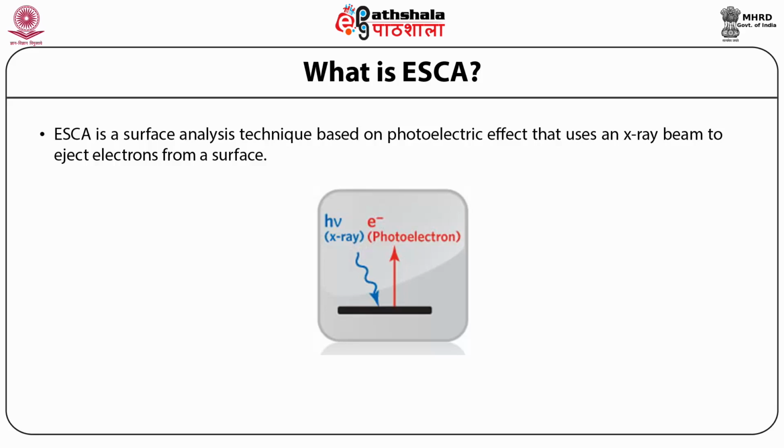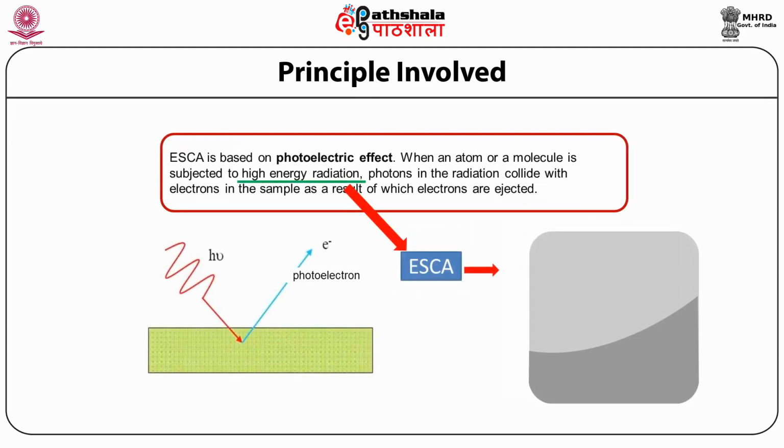So this hits the surface, or the target as we call it, and this being very high in energy, it emits the electron which is ionized from the surface atom, and that electron is ejected out, and this is what is called a photoelectron.